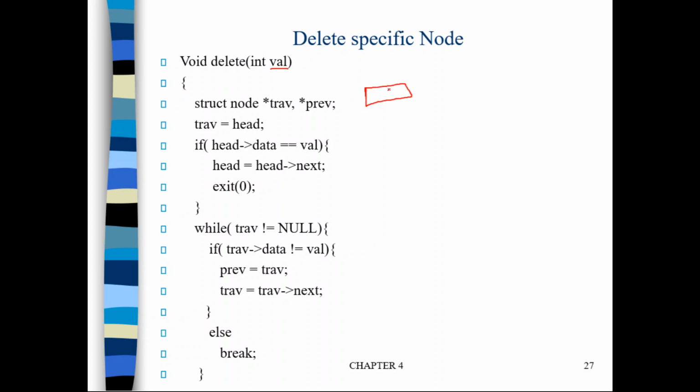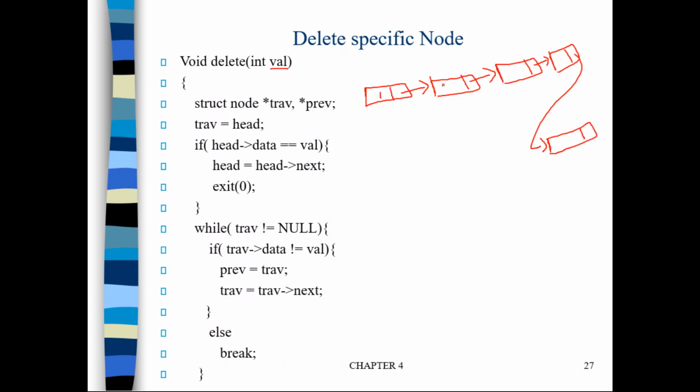Again, let us assume the same linked list with 5 nodes: 1, 2, 3, 4, and 5. So these are the 5 nodes we have.